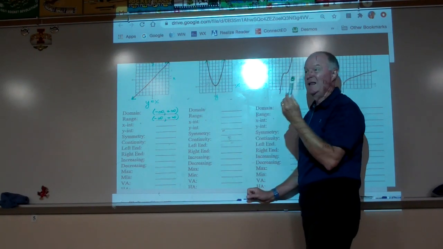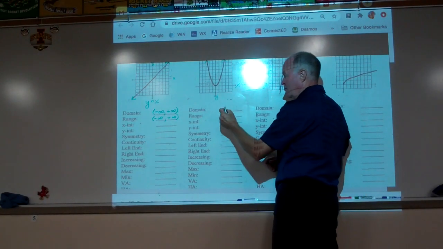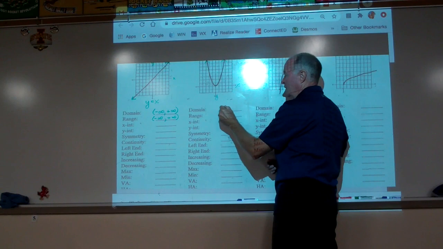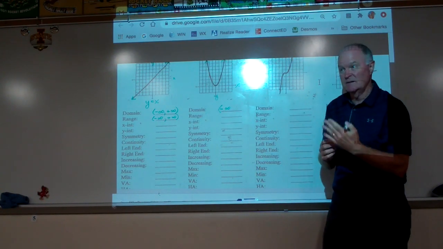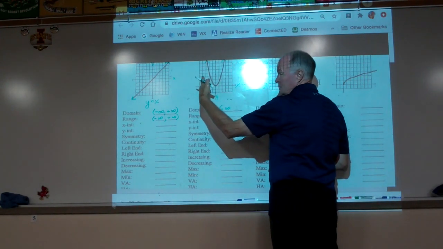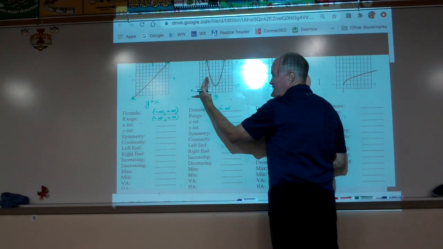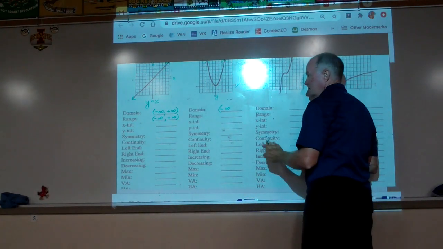Arrow on the left. Arrows on the left are negative infinity. That arrow's going up, so everybody starts to think that's positive. That's the y value. The x value is still negative. The x value I hit over here is negative. If I keep going, that goes to negative infinity.